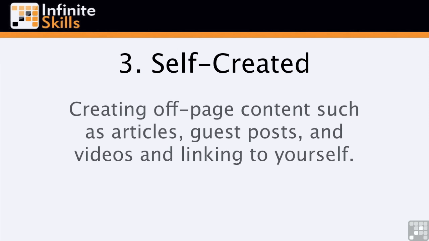It doesn't help that much, but again, when you're new and you're not yet going to get natural links, and maybe even doing outreach isn't quite working for you, self-created links are a great way to get started and to also ride the coattails of other sites' authority, because a lot of these sites like YouTube have a lot of authority. So if you create great content, that authority is going to funnel back to your site. So self-created content is a great way to start building links and building your authority.